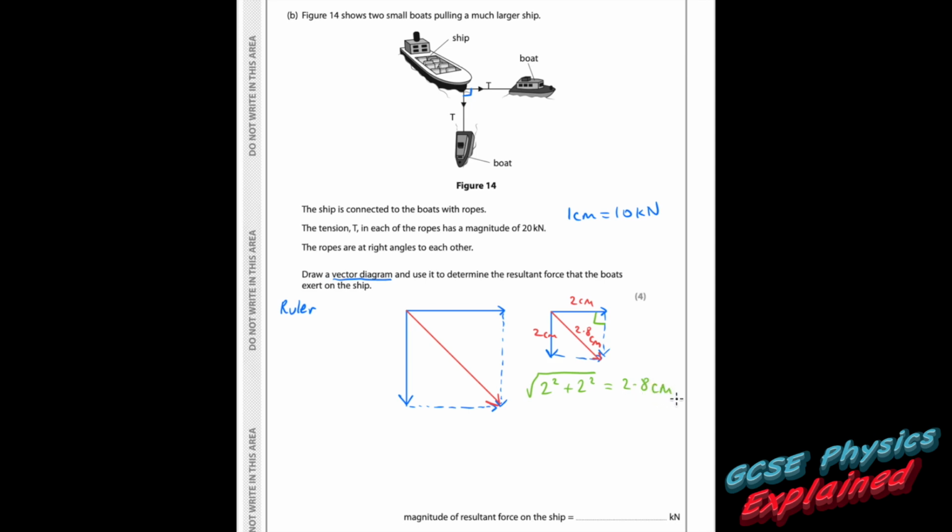So that would be 2.8 centimetres, and then 1 centimetre equals 10 kilonewtons. So therefore 2.8 centimetres would be 28 kilonewtons. And that's your answer. So if you're not too sure about using Pythagoras' theorem, just make sure you take a ruler in and do a scale drawing.